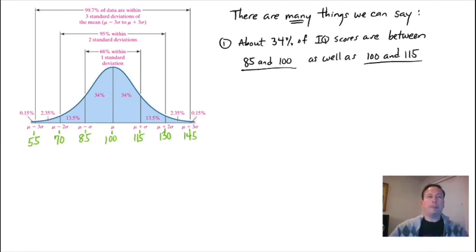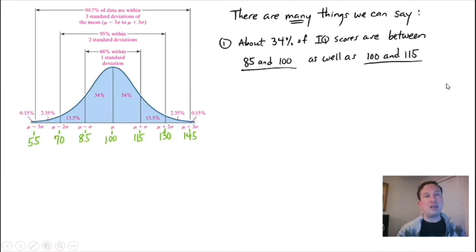So first, just pick out any of the numbers that you see. The first one that comes to visual here is 34%. But there's two of them there, so we could say 34% of the IQ scores are between 85 and 100. And then the other 34% is this wedge. This wedge is between 100 and 115.